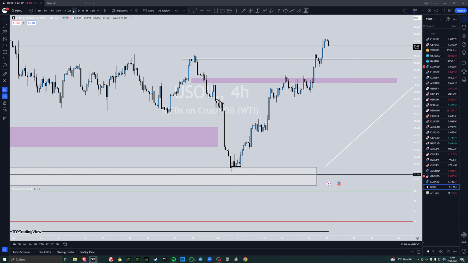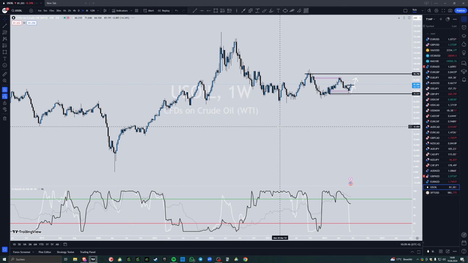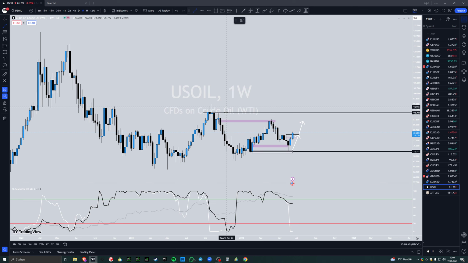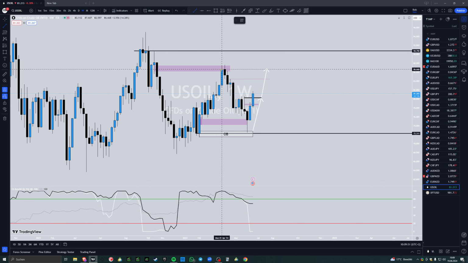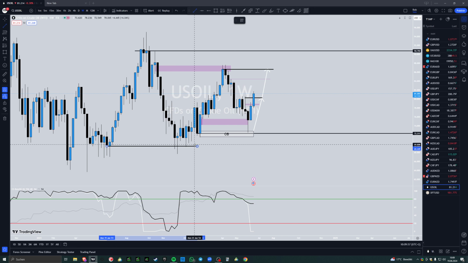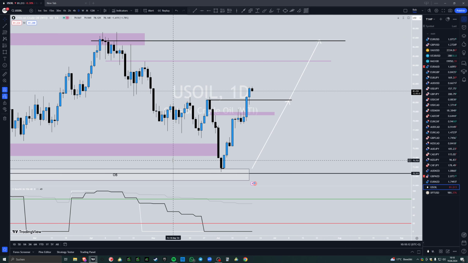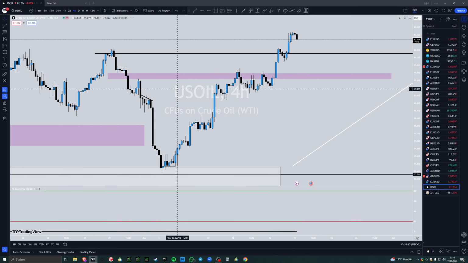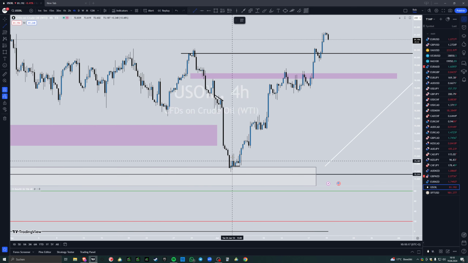However, I was expecting for price to actually reach this weekly level here. So we had a market structure shift. We had this mitigation. We had this internal sitting here, so everything is perfect. So basically, down here, you had this shift.